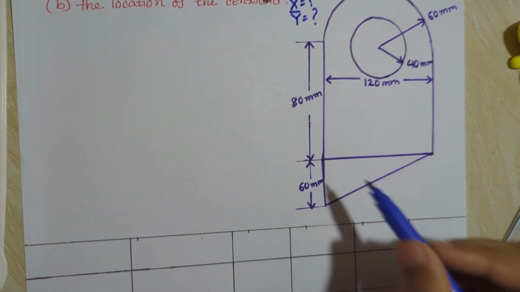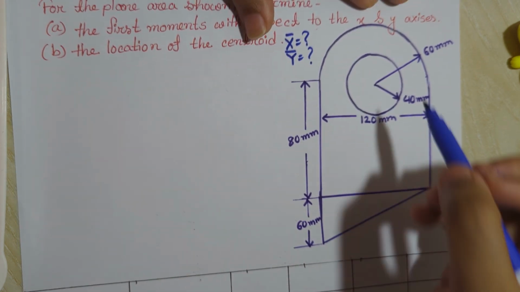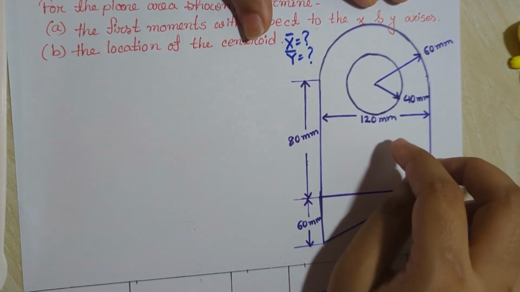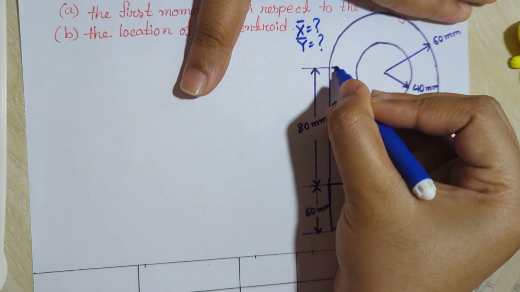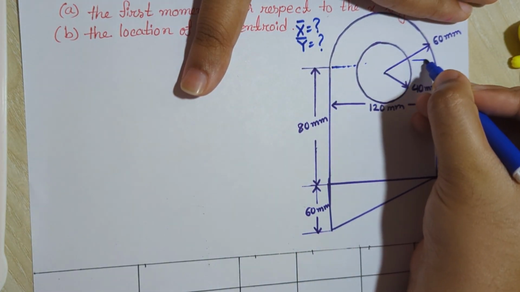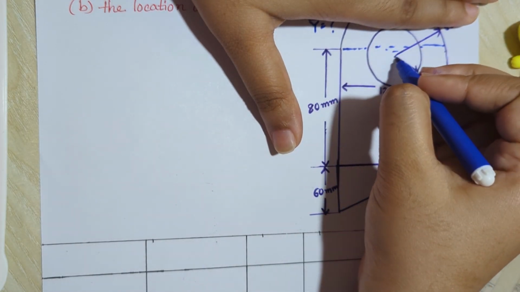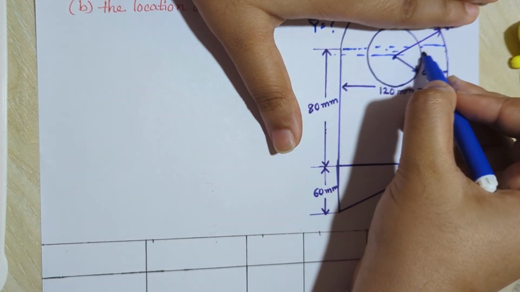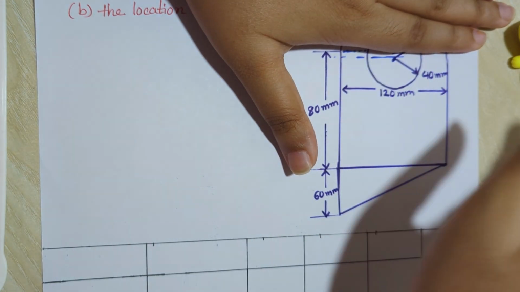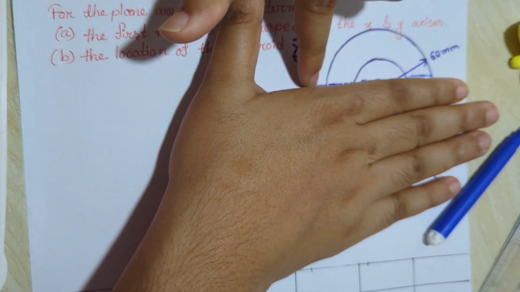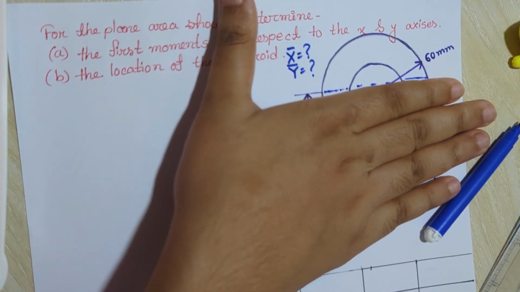If you notice this figure, you will see that here is a rectangle, then here is a full circle, and if we cut this figure like this at the middle and remove this upper portion, then this is a rectangle, and if we remove this portion, then this will be a semicircle, right?